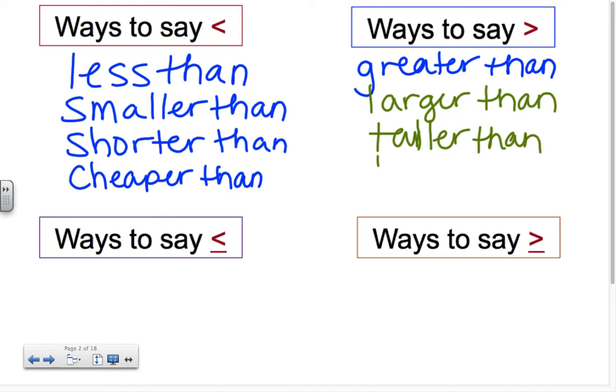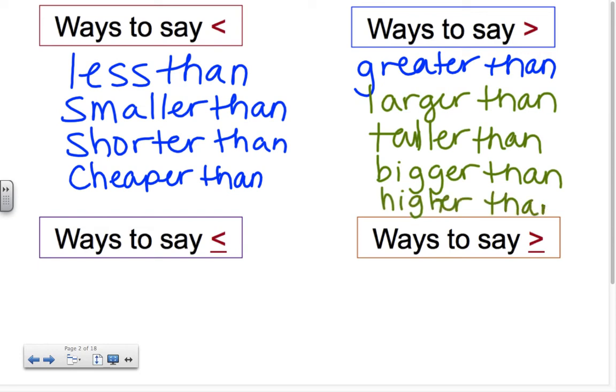We got bigger than. Higher than. So then I can write lower than over here. So if you know one, you can figure out the opposite, and that's pretty much what that is. Think we have a good list?